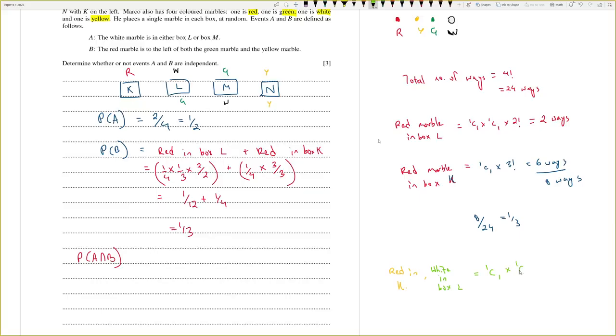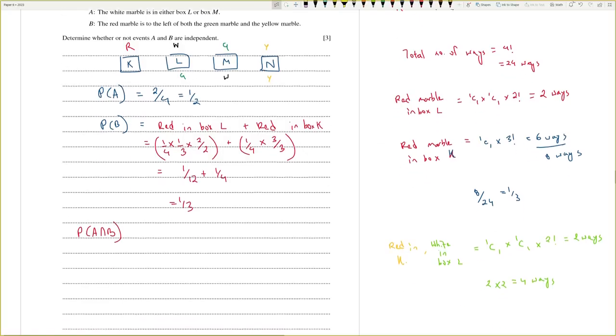Okay, it's fine. Then 1c1, white in box L. And then you have 2 spots remaining, M and N. And you have 2 marbles. So that's 2 factorial. So how many ways is that? That's 2 ways in total. But now we have to multiply this by 2. 2 into 2. We have 4 ways, because the white marble could be placed in box M as well. So we have 4 ways in total if you consider all the options.